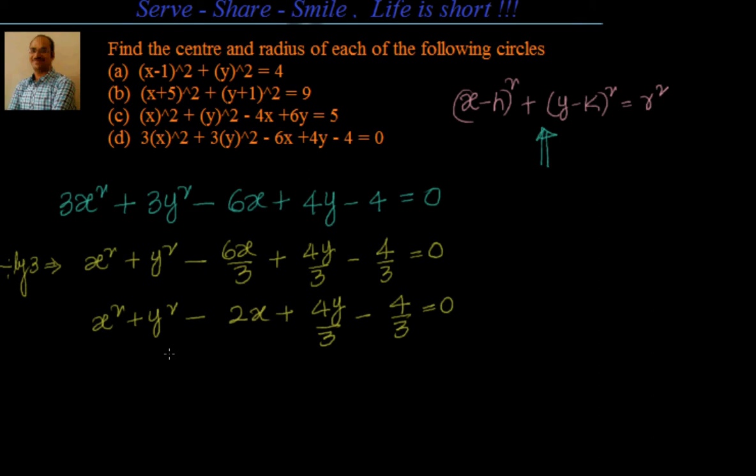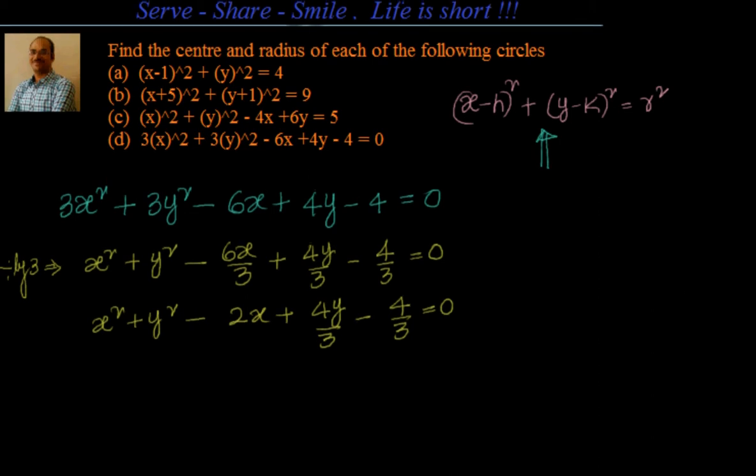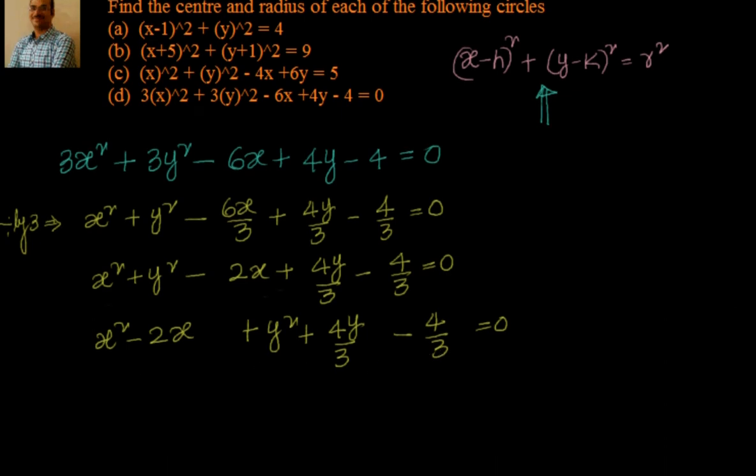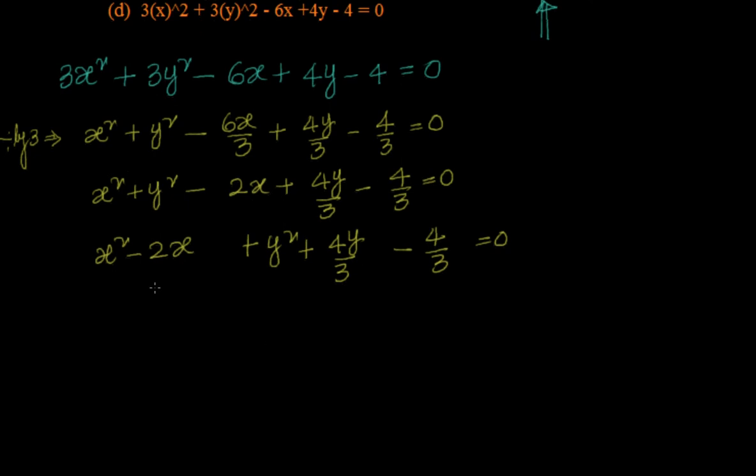Now we will use the complete the squares method. For that we will separate them. We will write it as x square minus 2x plus y square plus 4y by 3 minus 4 by 3 equal to 0. I deliberately gave the space so that you will understand that we have separated x square and y square and the constant so that we can use the method.